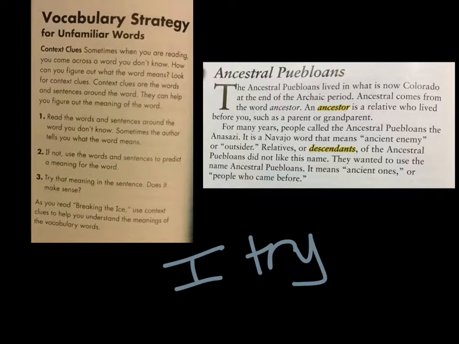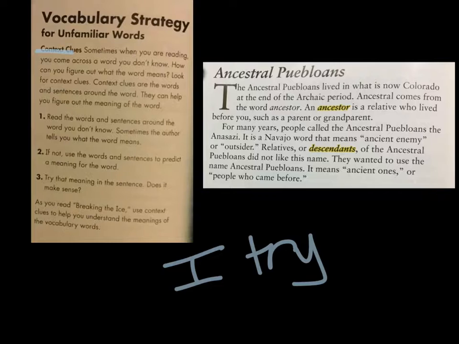So our context clues, sometimes when you're reading you come across a word you don't know. How can you figure out what the word means? Look for context clues. Context clues are the words and sentences around the word. They can help you figure out the meaning of the word. It can help you fill the gap.